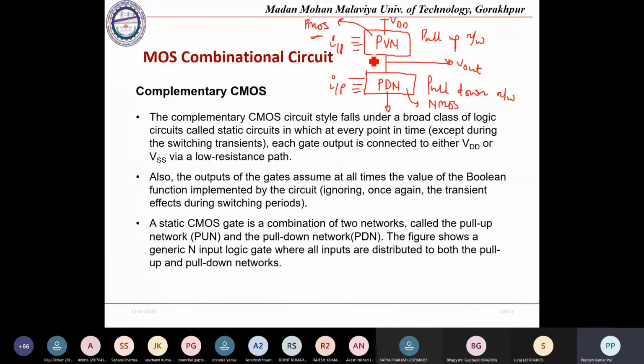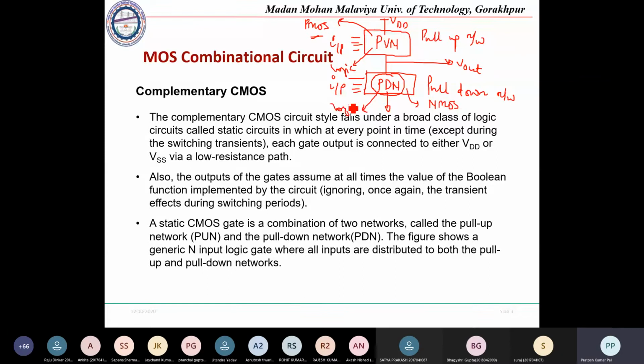So in this combination, whatever logic we need to implement, we have to implement that logic by using pull down networks and also by using pull up networks. So whatever logics we are going to implement, we will be implementing by both the circuits.